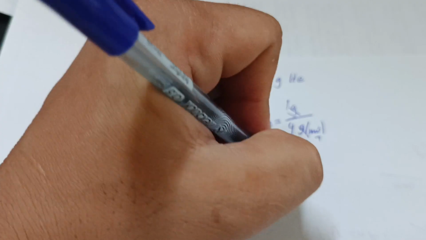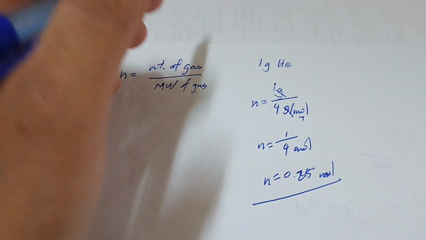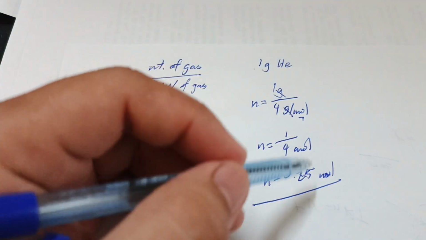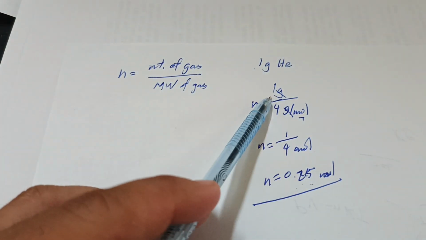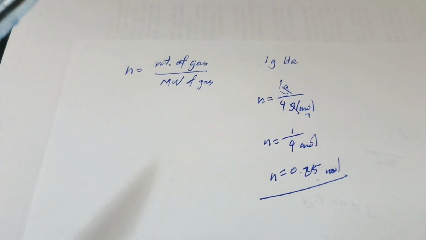Now 1 divided by 4 is equivalent to 0.25 moles. Therefore, in this example, 1 gram of helium has an amount of gas of 0.25 moles of helium. This is how you get the amount of gas.